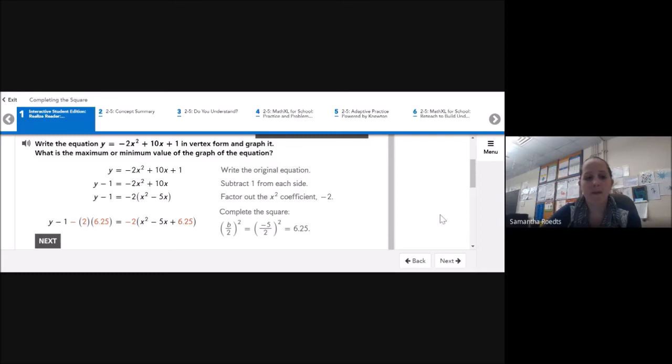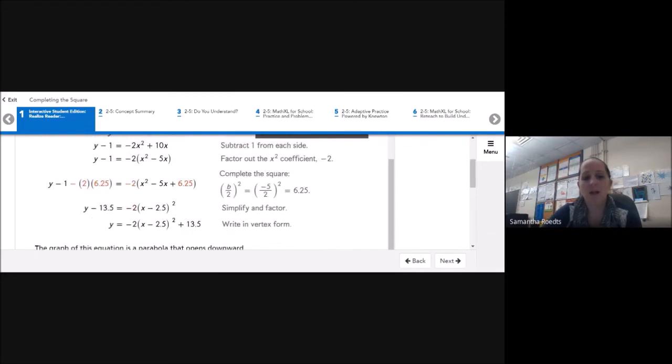Okay. So then I have y. Remember, I complete the square, so b squared, which is the 5. So negative 5 divided by 2 squared equals 6.25. So y minus 1 minus 2 times 6.25, remember that negative 2 is out here, equals negative 2 times x squared minus 5x plus 6.25.